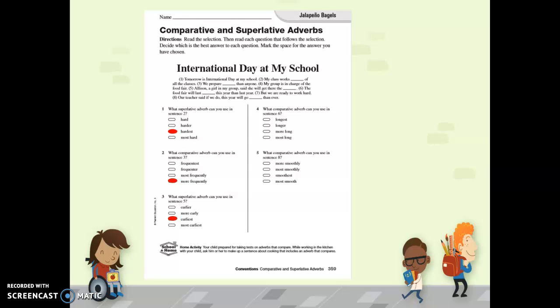Number 4. What comparative adverb can you use in sentence 6? The food fair will last this year than last year. That means we are comparing 2. Longer. And the last one, number 5, what comparative adverb can you use in sentence 8?